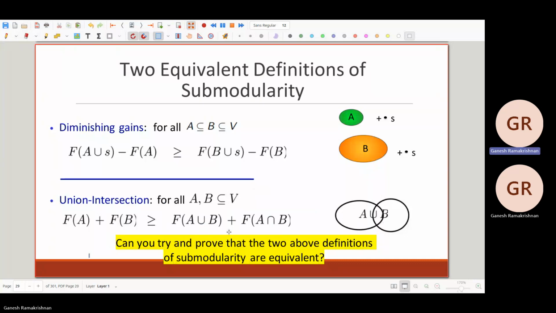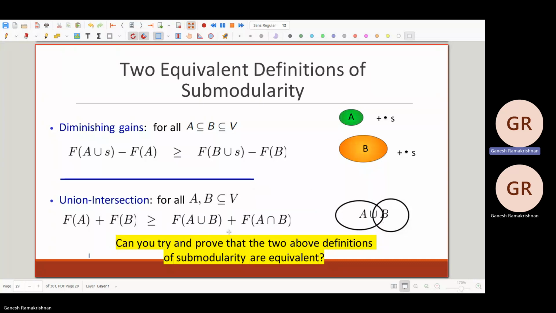X union Y union A intersection B, the common part. So you can try to prove it by taking A intersection B, adding one element at a time from X, adding one element at a time from Y, and using the diminishing returns property.